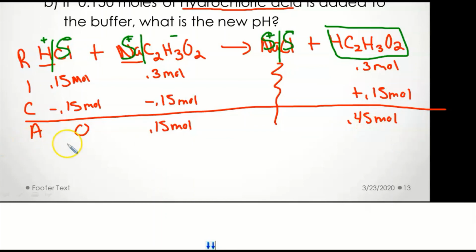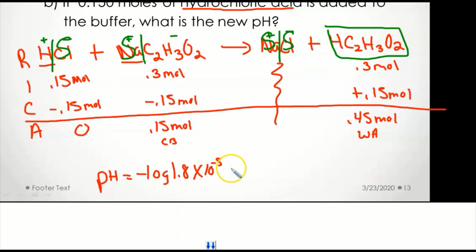After the reaction, do we still have buffer? Well, this is a conjugate base, so yes. And this is a weak acid, so yes, we still have buffer. Why is that important? Because you can still use the Henderson-Hasselbalch equation, which again is my favorite equation. So we have to decide which one's the base.